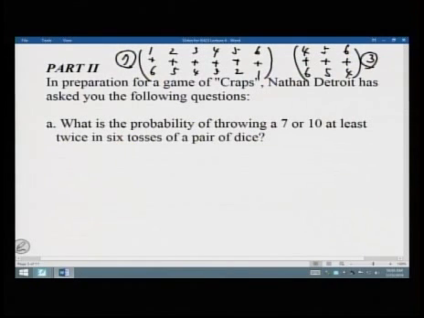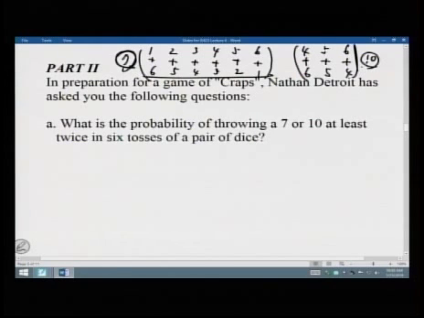Yeah, there are 6 different ways to get 7, but there are 3 different ways to get 10, right? So in total, there are 9 different ways to throw a 7 or 10. Is that correct? So there are 9 different ways.